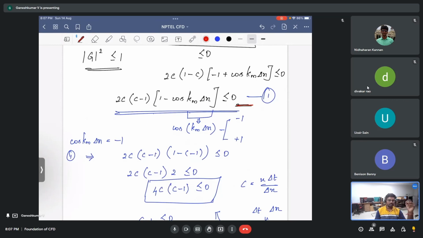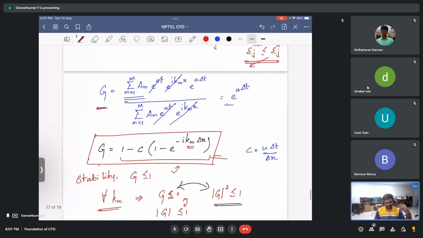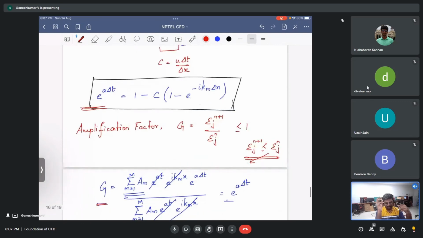If you have a coarse mesh, it has its own numerical instabilities. Yeah, good question.